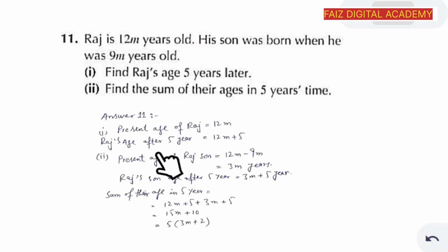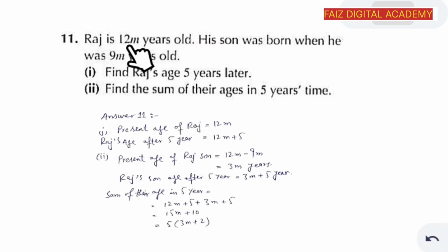In the first part we found the age of Raj after 5 years, but we don't know what would be the age of his son after 5 years. So first we have to find his son's age after 5 years. What is the present age of Raj's son?